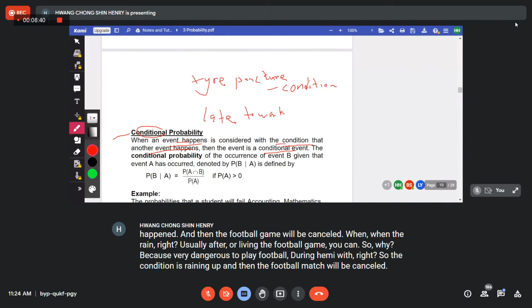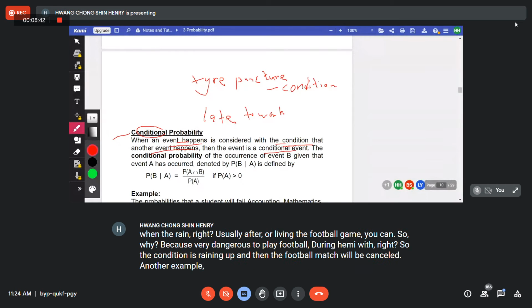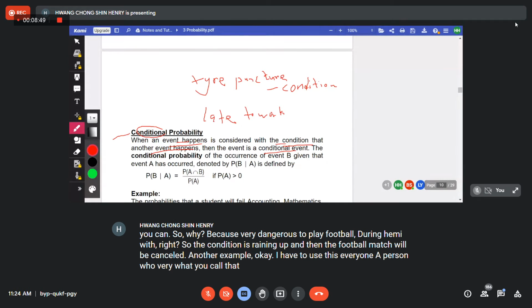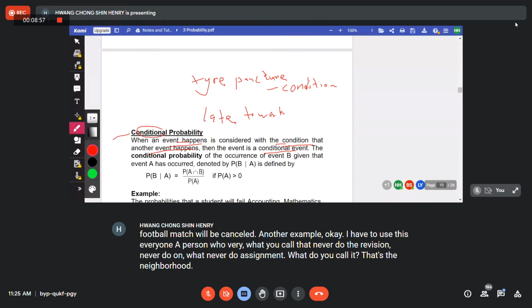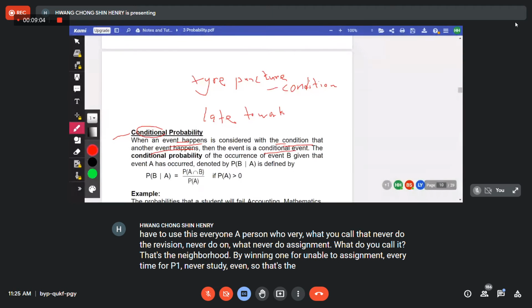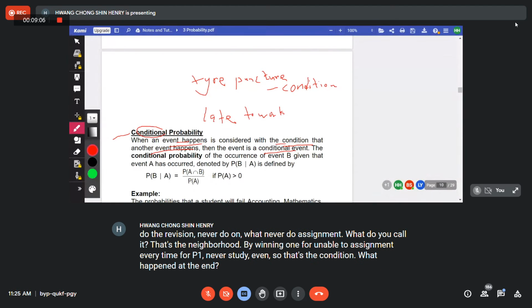Understand? Another example. Okay, I have to use this, everyone. A person who never does the revision, never does homework, never does assignments. What do you call that? The student, whatever name you want to call, never does assignments, every time copies, never studies. So that is the condition. What happened at the end? Fails the subject, right? Sorry, I use this example.